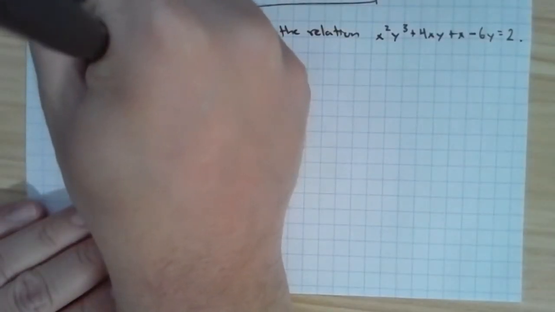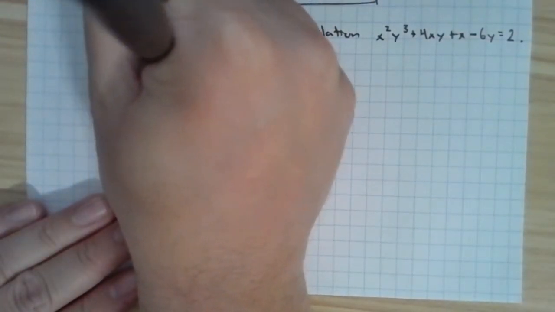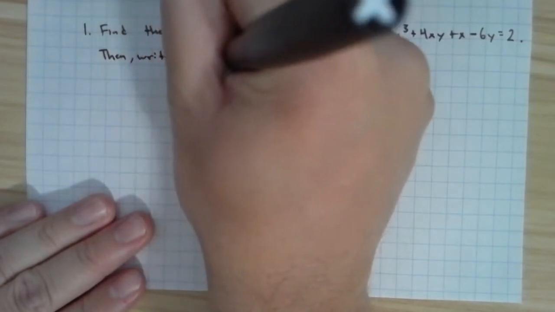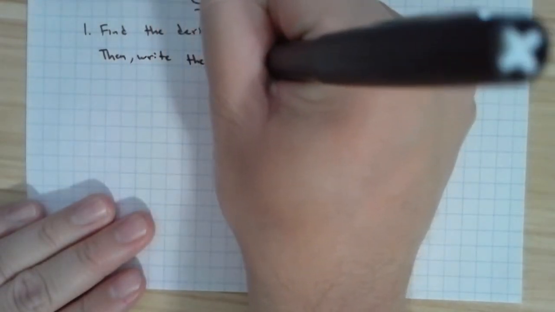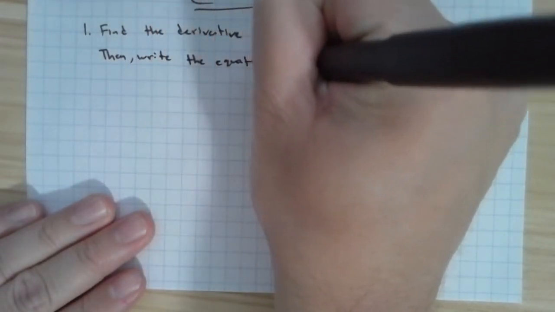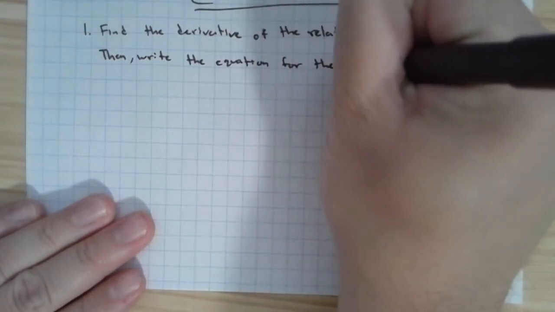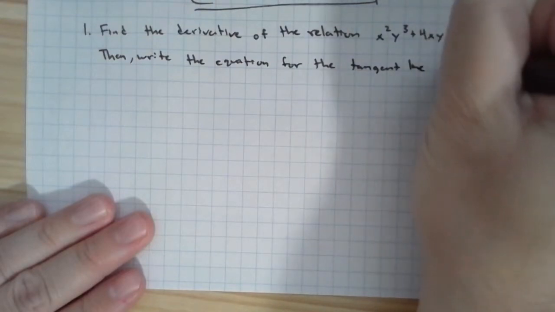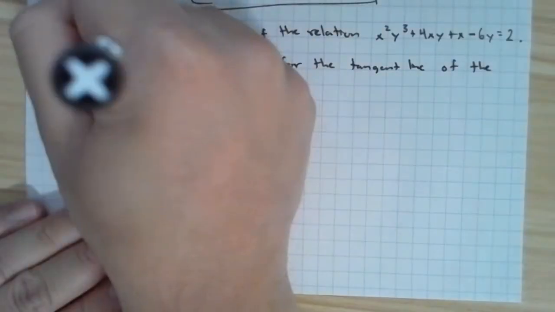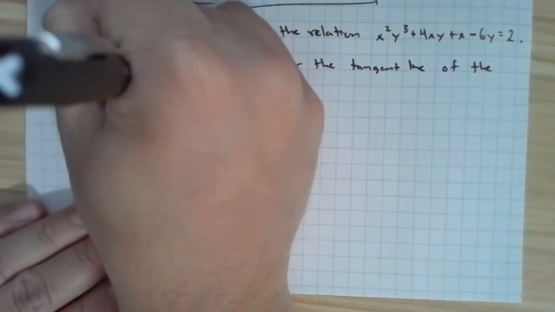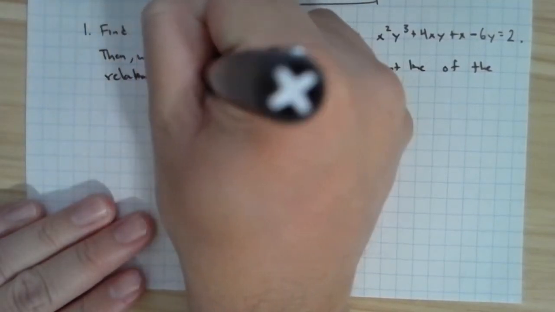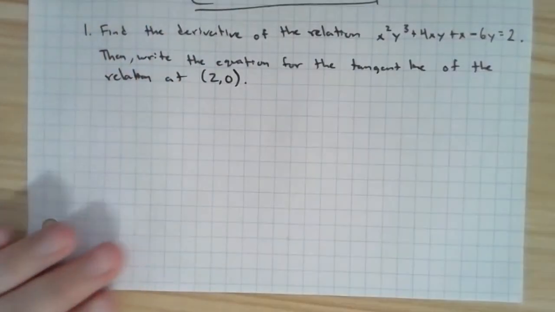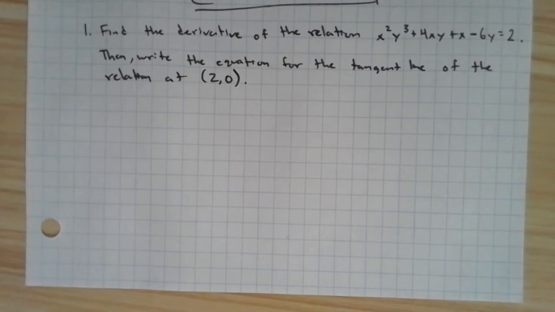Then write the equation for the tangent line of the relation at 2, 0. Okay. Pause the video if you need to finish writing this in.